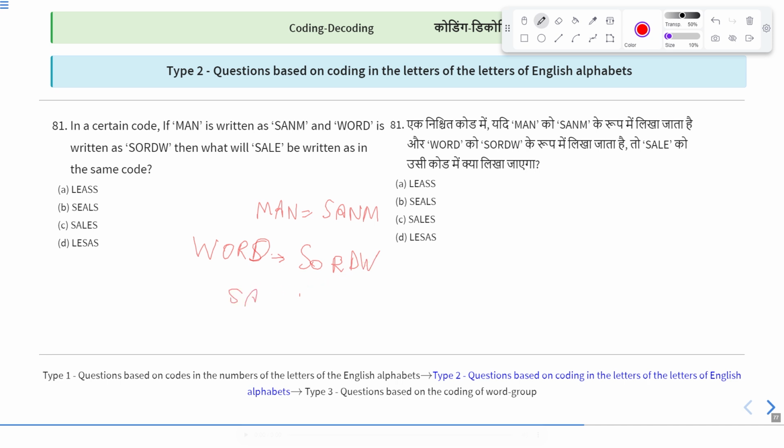And what is sale? What I noticed here was S is added, but this is A N M, M A N. So first letter moved last and S has been added. Let's check here. W to last, so O R D W and S added. So if you move here, S plus A L A and S to the end, and the sale.